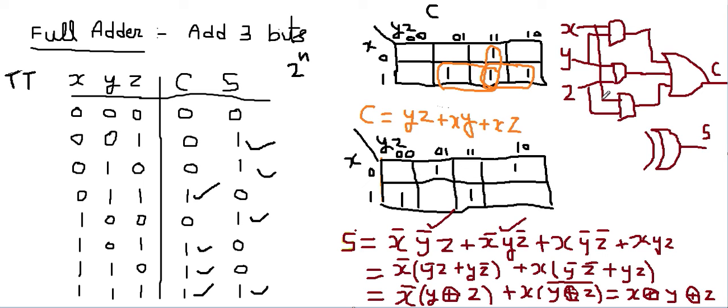So x is from here, then we have y, and for z we have this. Now this is your circuit for the full adder. I think these concepts are very clear to you, and if you still have any questions, you can write in the message box. Okay, thank you, thanks for watching.